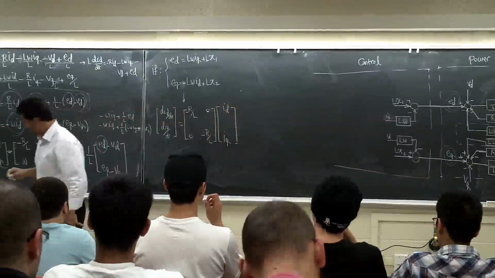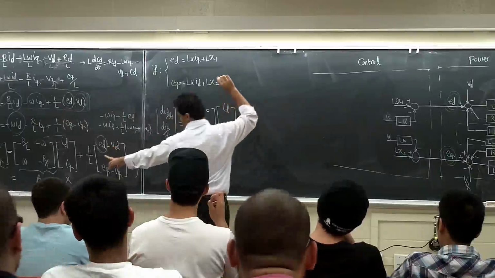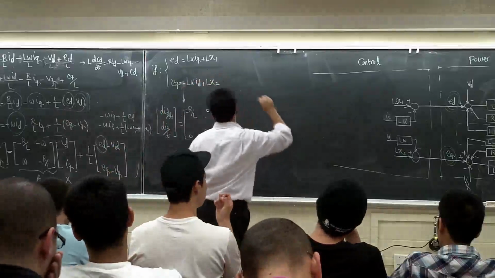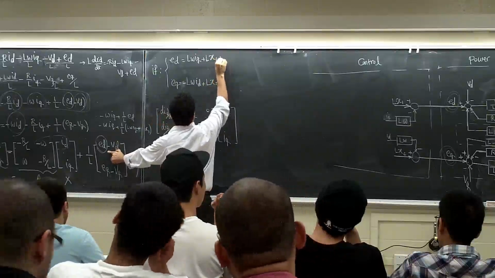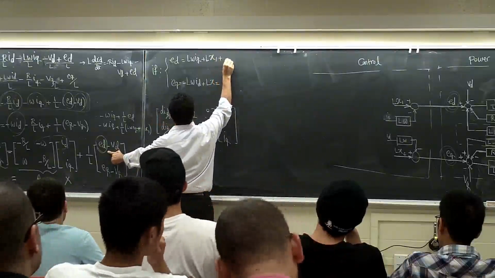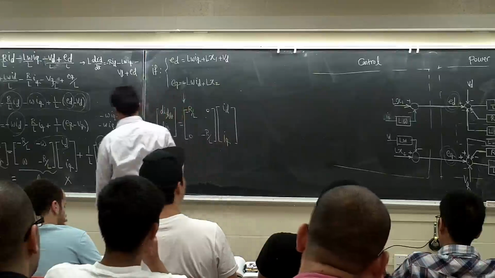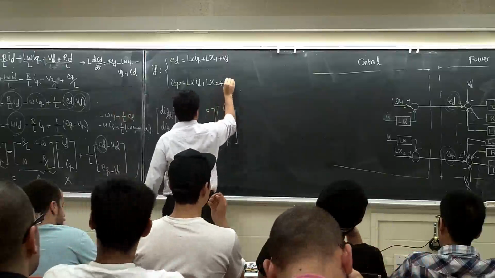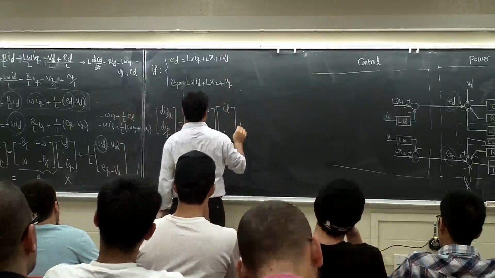I think I'm using one. Yes, I'm missing one. Here, I should put this one also. Plus VD. I want to get rid of F. I got to put one right there.